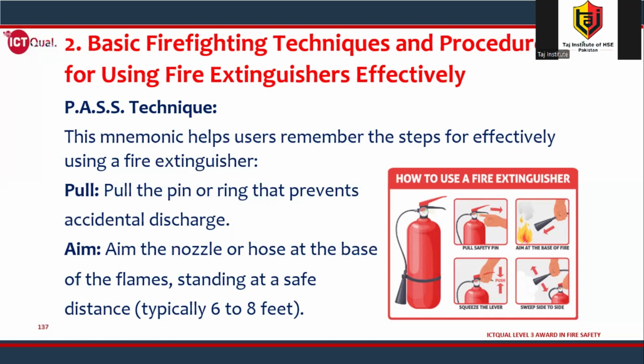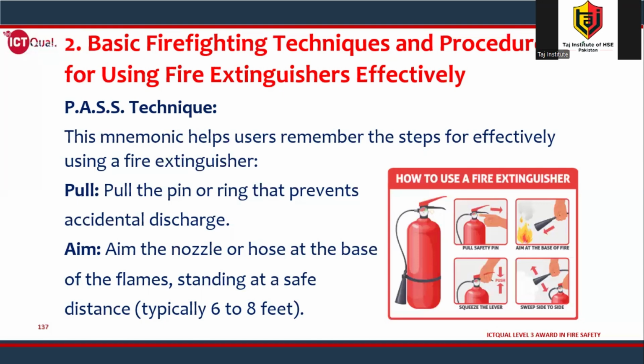P means pull the safety pin of the fire extinguisher, A for aim at the base of the fire, S for squeeze the lever, and another S for sweep side to side. PASS. This is the process for basic instruction on how to use it.